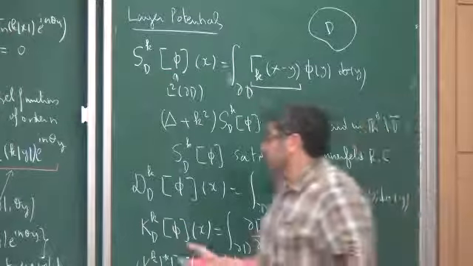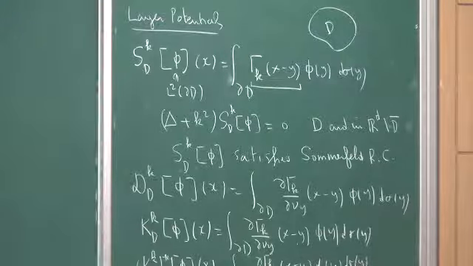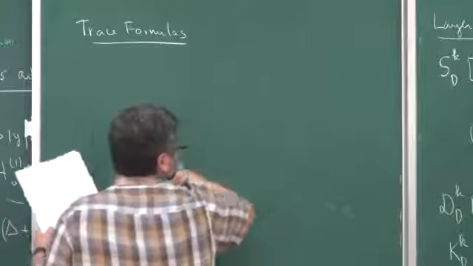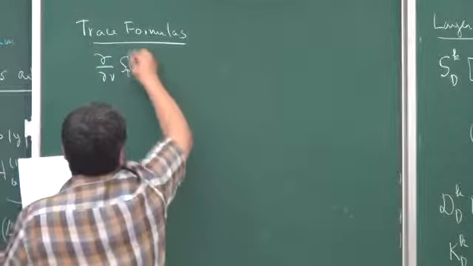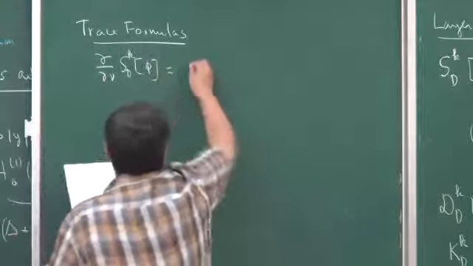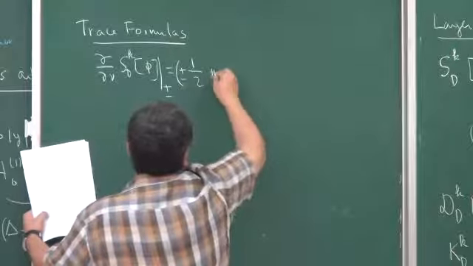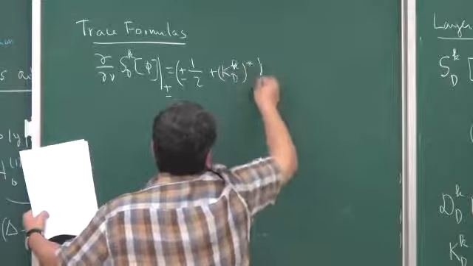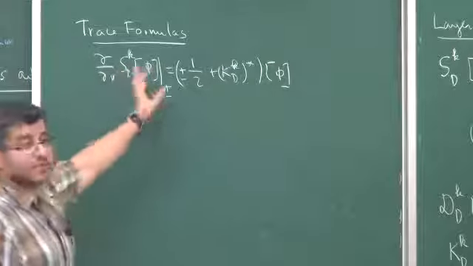So we have the trace formula, exactly the same trace formula as for the conductivity problem. The normal derivative of the single layer potential of phi, from plus and minus, is equal to plus minus 1/2 plus K_D^k star of phi. If you put 0 here, it is the same.